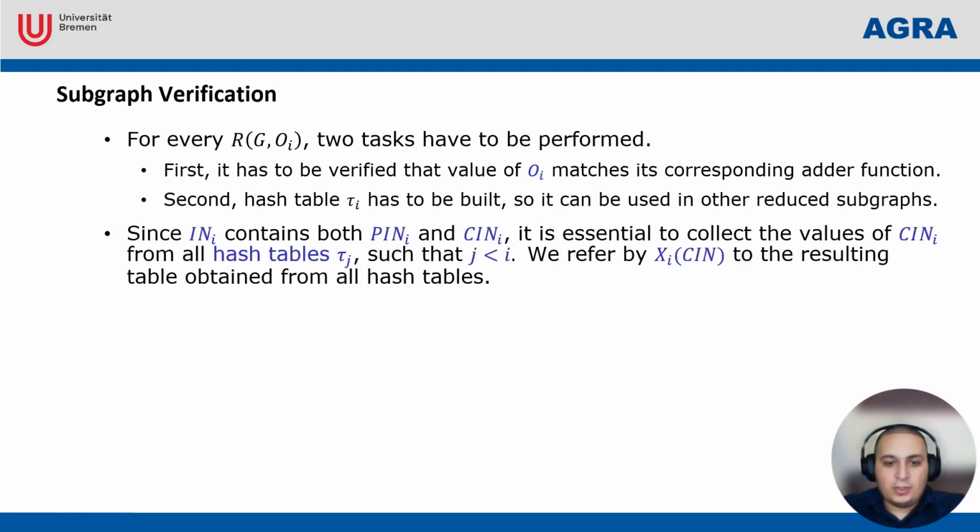One thing that we have to pay attention to is that these non-primary inputs can be not only from the previous subgraph, they could also be from any subgraph before that. So therefore, we need to go through all tables before the one we are about to evaluate.